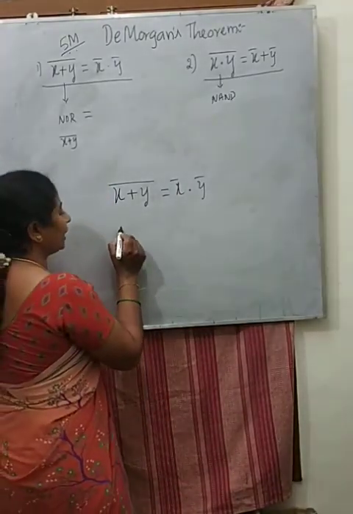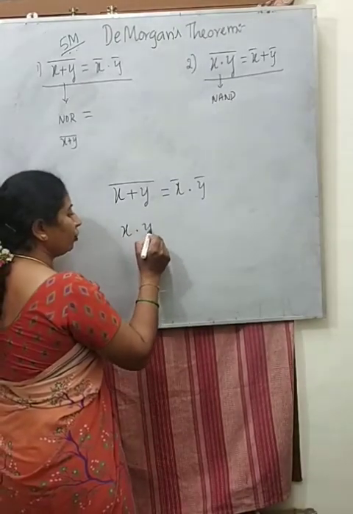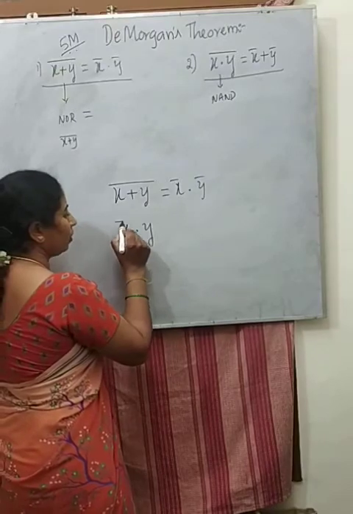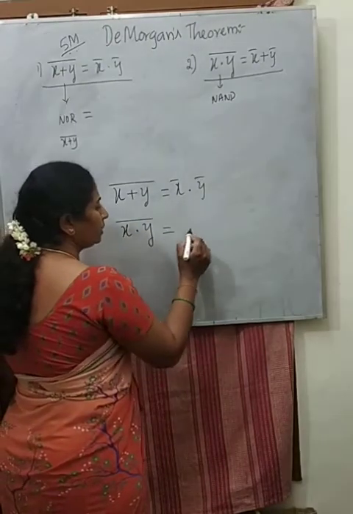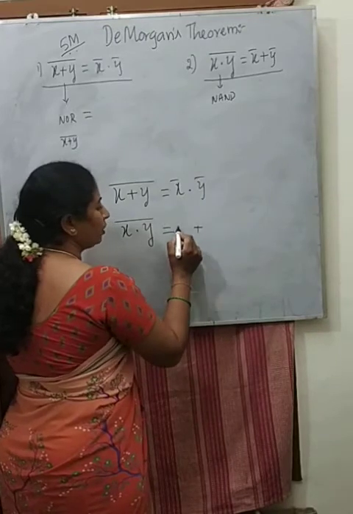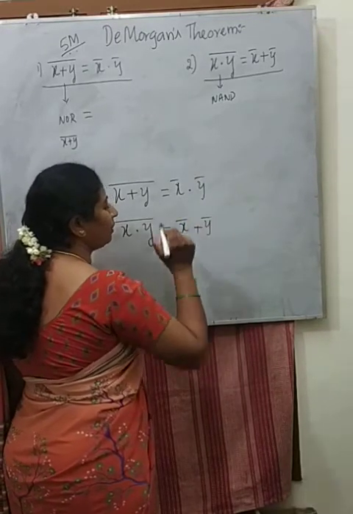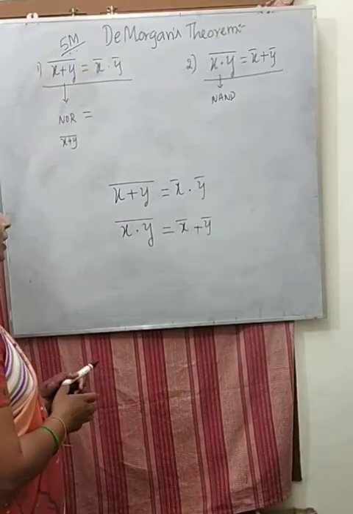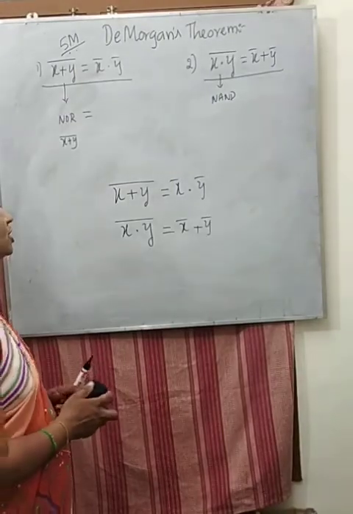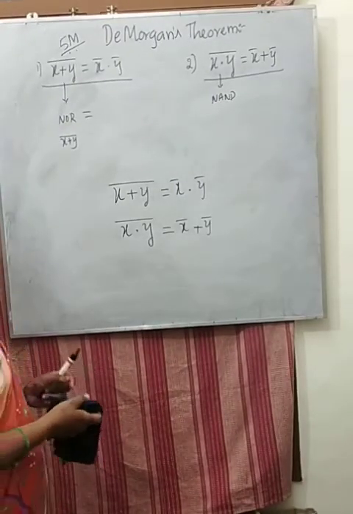What is the second statement? The complement of the product of 2 variables is equal to the sum of the 2 individual variables' complements. That is the statement of De Morgan's theorem.